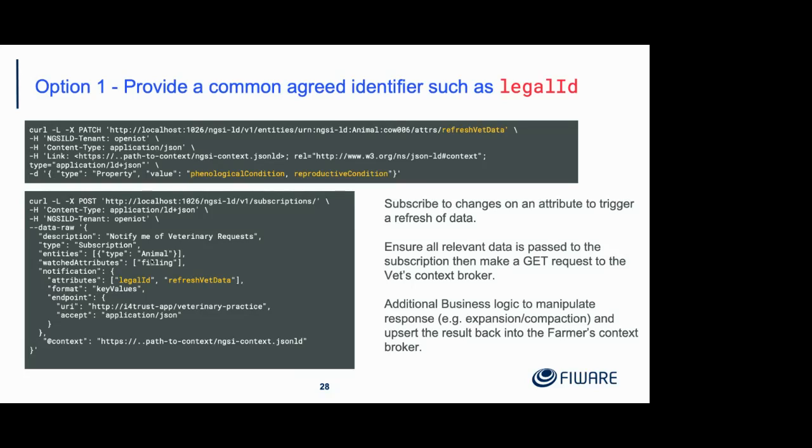Now, in this particular case, I want to refresh the phenological condition and reproductive condition. You can then see, okay, I've now got some information. Because I already have a business relationship with this veterinary practice, I can then just send a request direct onto their context broker with my token saying, I am Farmer Jones, and I can then retrieve back information.